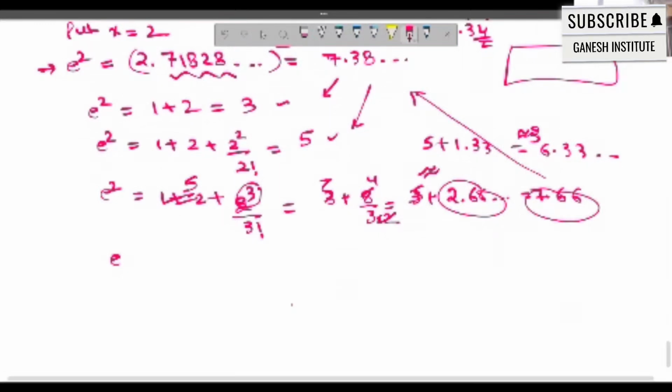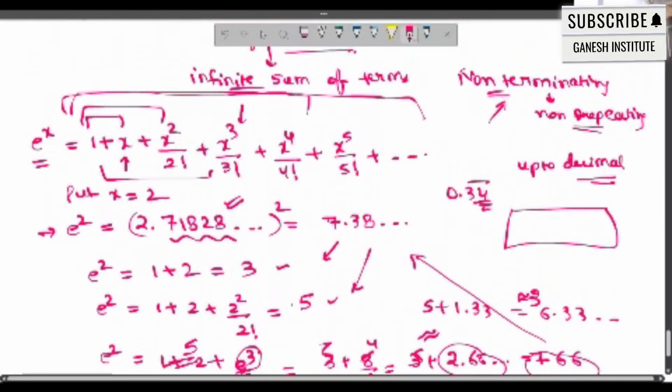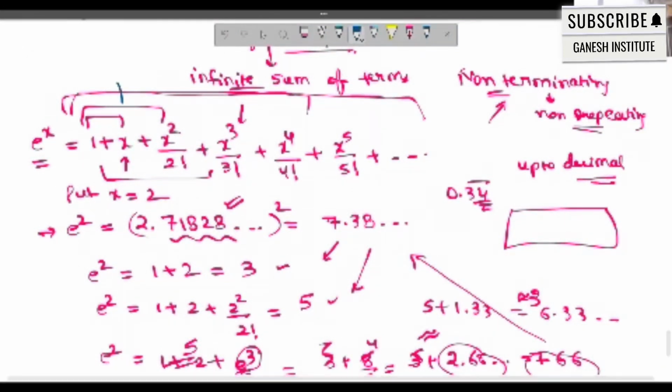And if you want to generalize it, this is the summation of this general form, right? What is the initial value of n?